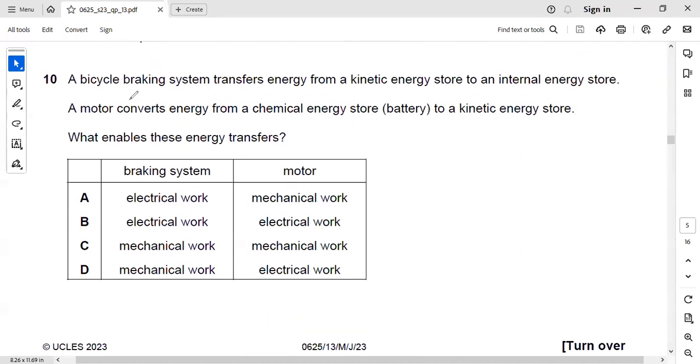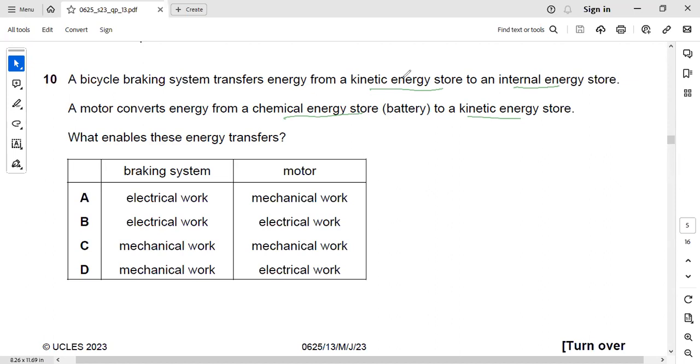Next, a bicycle braking system transfers energy from kinetic energy stored to an internal energy store. A motor converts energy from a chemical energy store to kinetic energy store. What enables these energy transfers?